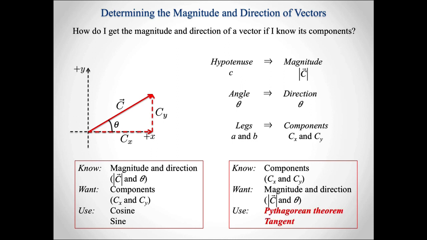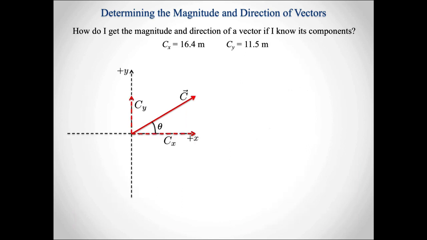And what we'll see is the Pythagorean theorem, a squared plus b squared equals c squared, we're going to go ahead and solve that for c, and so we'll end up with something that has the square root already taken care of in it. And then again, tangent, we're basically going to recognize that to get theta, we want to take the inverse tangent. And that's the way that we'll end up getting the magnitude and direction.